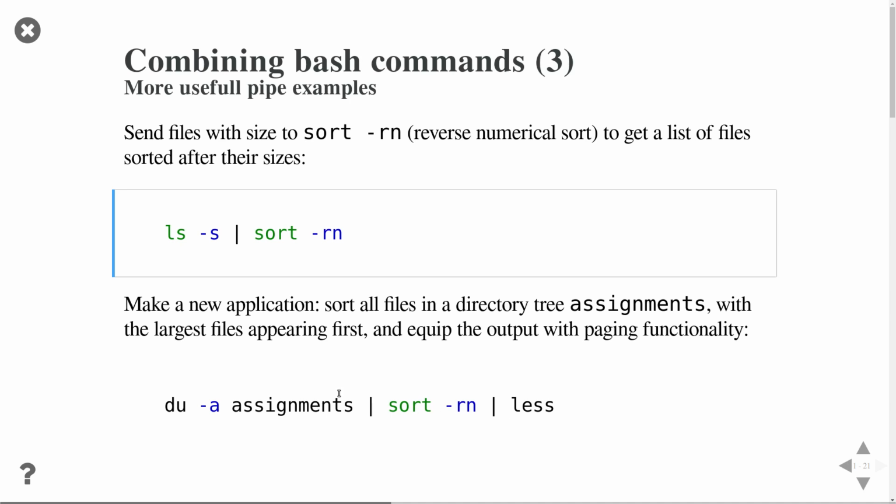So in this case, I used two pipes, right? I first used the disk usage to figure out the largest directories. Then I pass it on to the sort command to sort the outputs, and then I pass that on to the less command to give me some pagination.